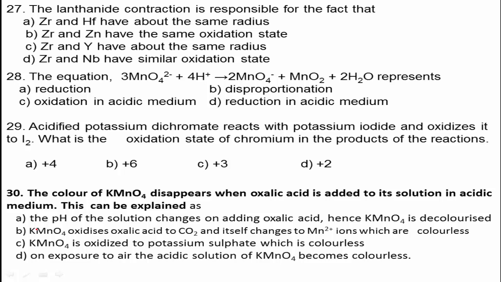Remember students, it is due to lanthanide contraction. So due to lanthanide contraction, Zr and Hf have the same radius and are also known as twins. You know, Zr means zirconium and Hf means hafnium. Therefore, the correct answer for the 27th question is A.